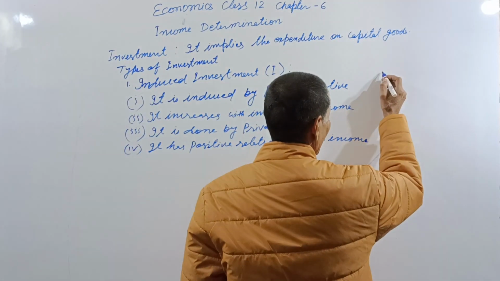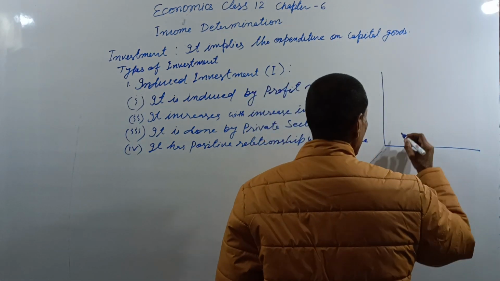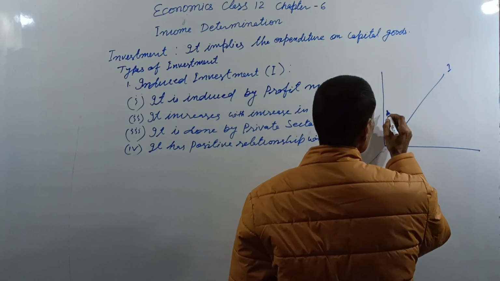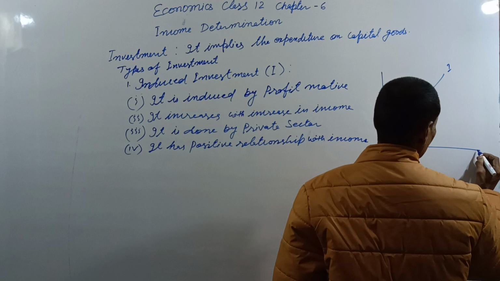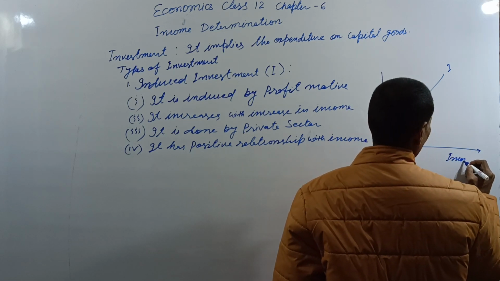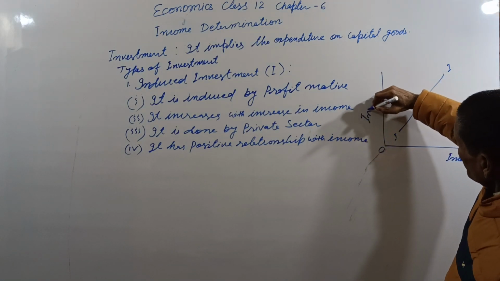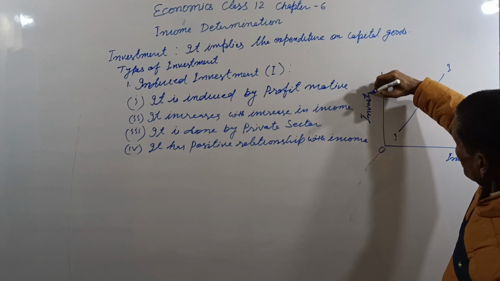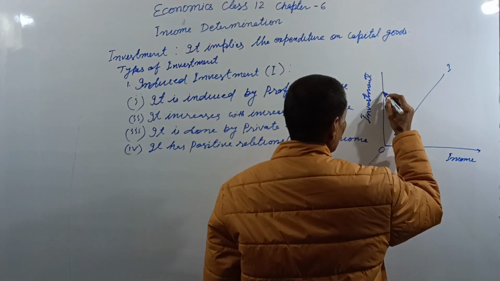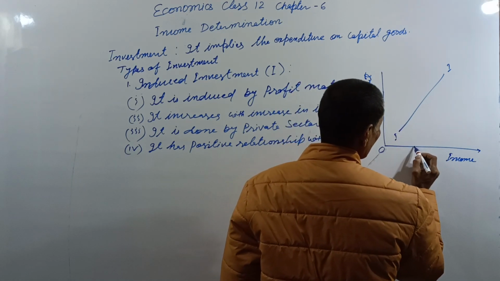And the diagram of induced investment you can draw here. This is the I curve, I induced. Suppose here this is O. Here you will measure income, and here investment. So what it shows, see here, suppose income is this one.